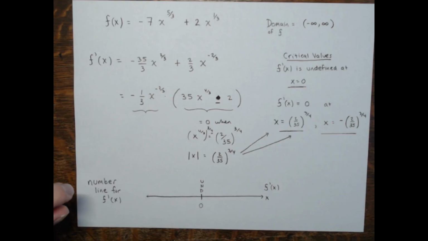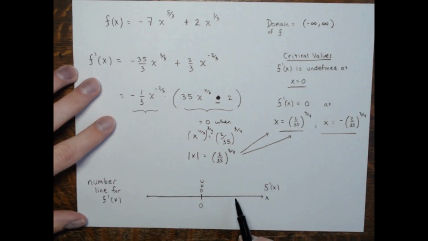And then we have this positive 2/35 to the 3/4 power, whatever that value is. So at this value, the derivative is 0. And then we have the opposite of that.